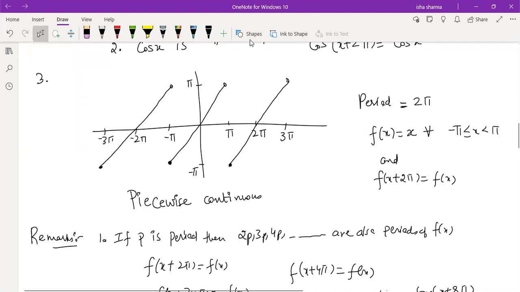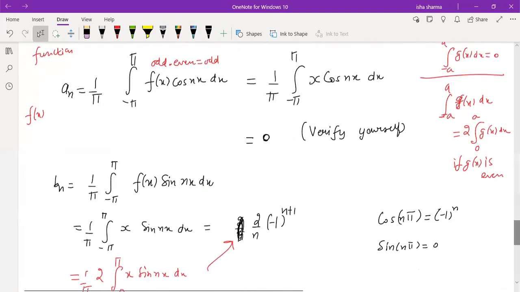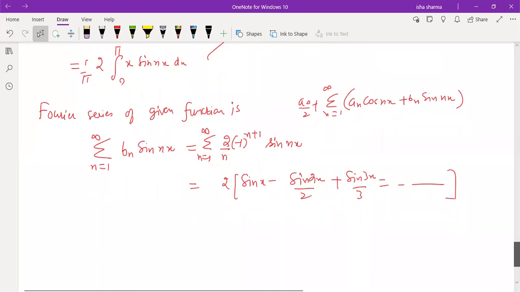Let me see if you have any very quick doubts. These results, the even and odd function concepts, will be very frequently used. So this is the final answer.